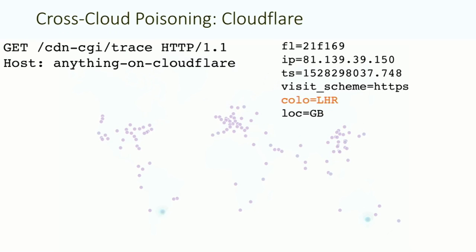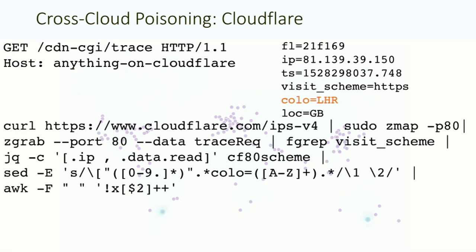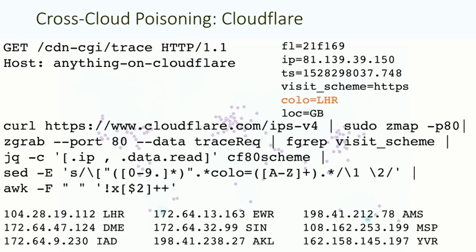So I wrote a little bash one-liner that sends a request to my target website, to this trace page, and it routes this request through every single IP that Cloudflare own. And then it looks at which cache this request hits. So the end result is that gave me a list of which IP I could send my request to poison which cache. So generally speaking, you can poison a cache in an arbitrary location worldwide without using a VPS, as long as you're willing to do a bit of recon.